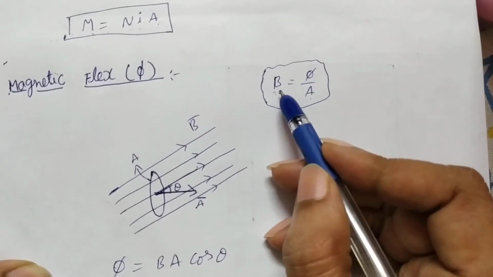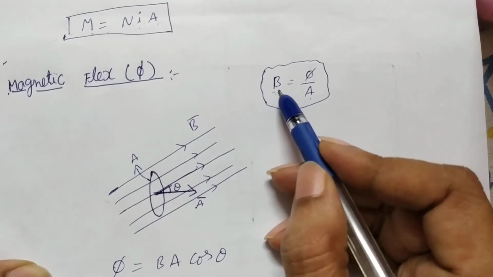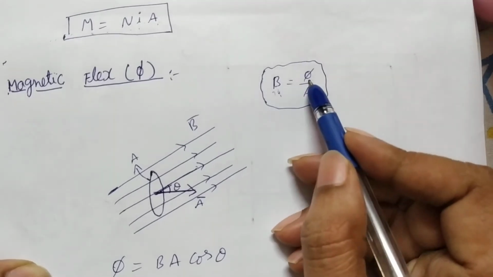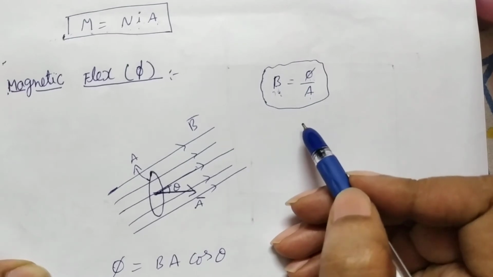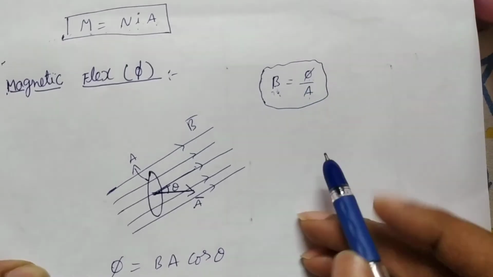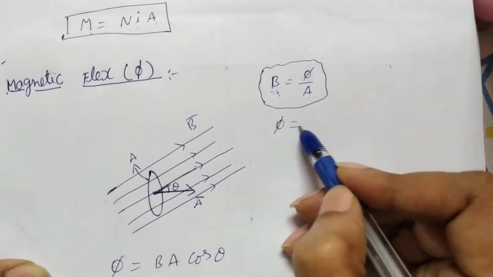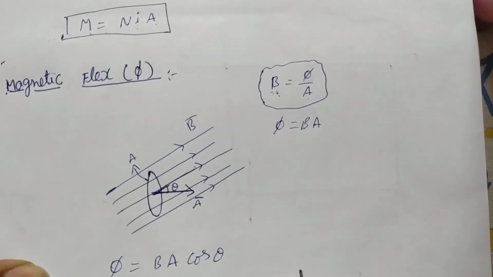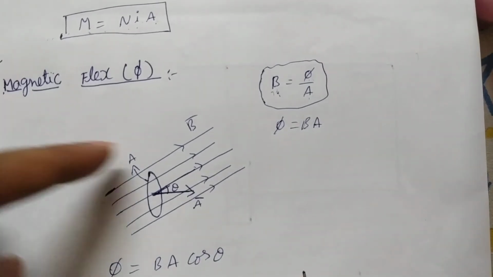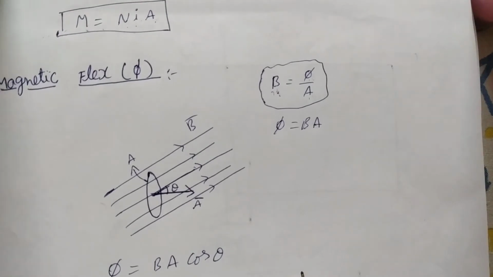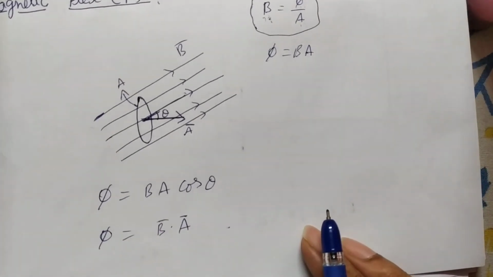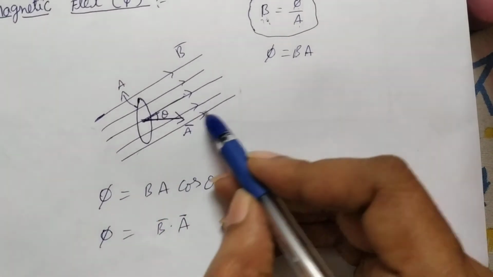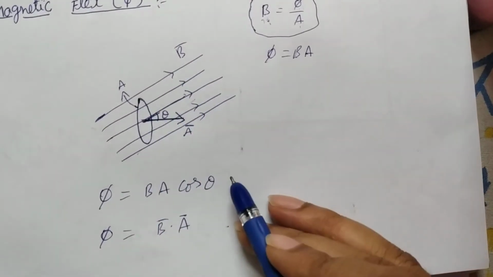So what is magnetic flux density or magnetic field induction? That is flux per unit area. If you modify this formula, phi is equal to flux, phi is equal to BA we can write. But this we can't apply for all the cases. Why? Because you can see here one example. The flux lines are like this. Think of a uniform field.